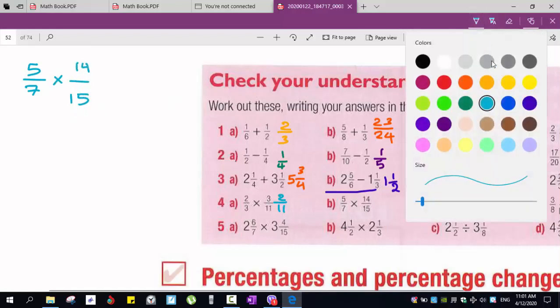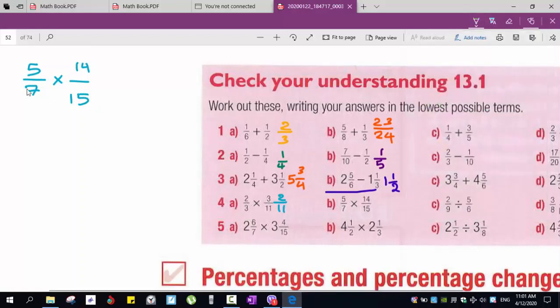Now look at the 5 and the 15. We can divide both of them by 5. It will be 1. You can also write this for yourself. Divide by 5, it will be 1. Divide by 5, it will be 3.